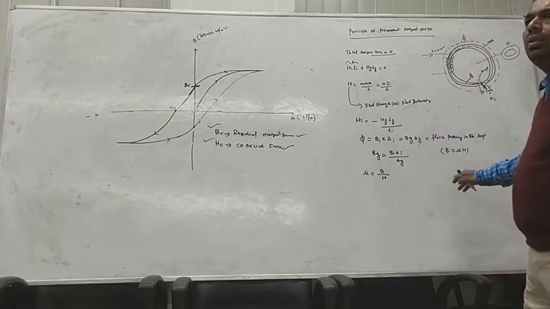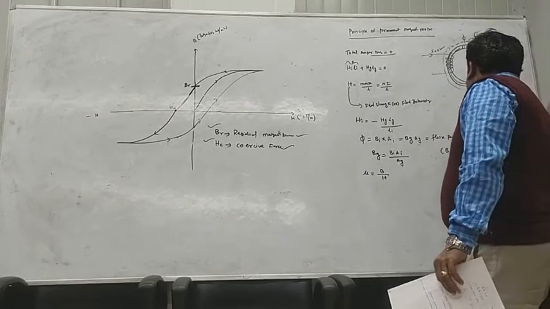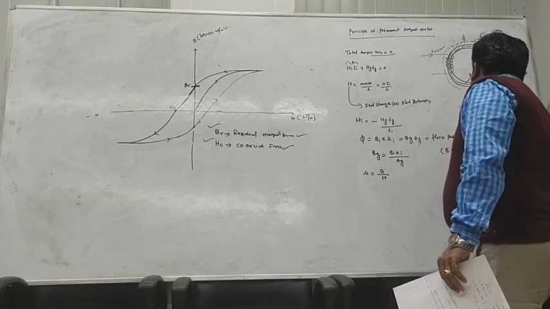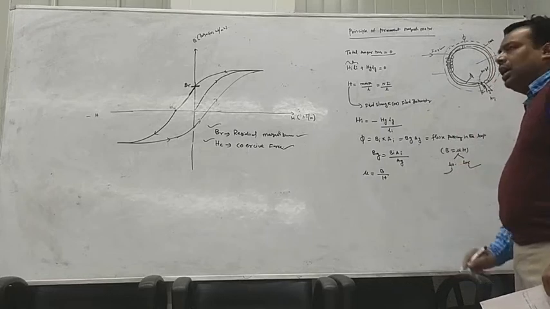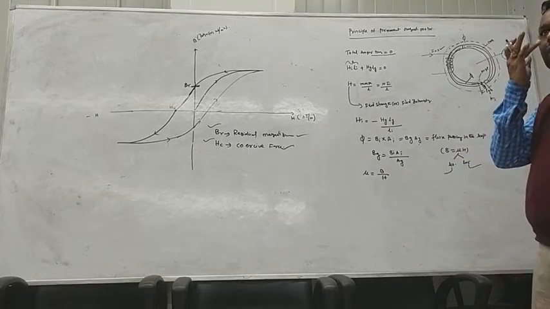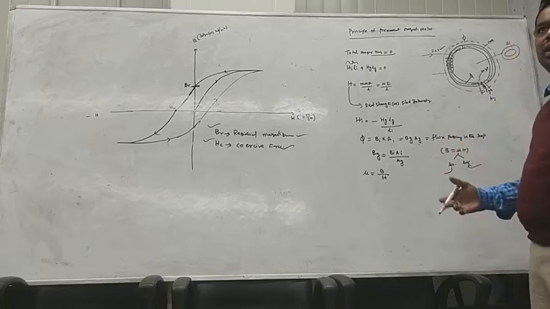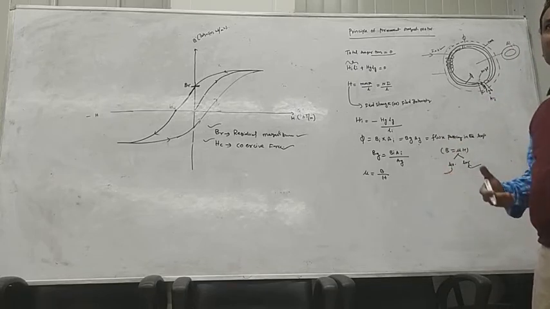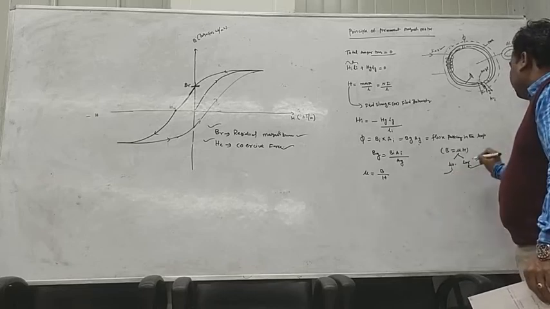Mu is the permeability. There are two types of permeabilities, mu naught and mu r. Mu r is the relative permeability and mu naught is the absolute permeability. The mu r value depends upon the different types of material. If it is cast iron, mu r is equal to 800.